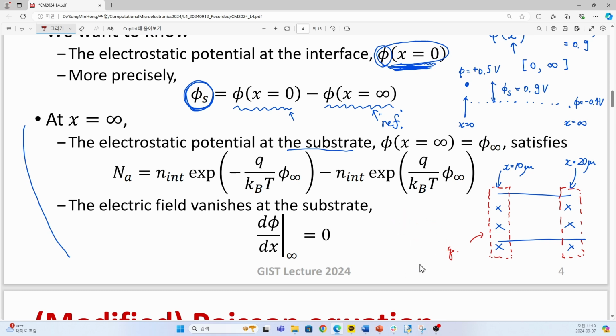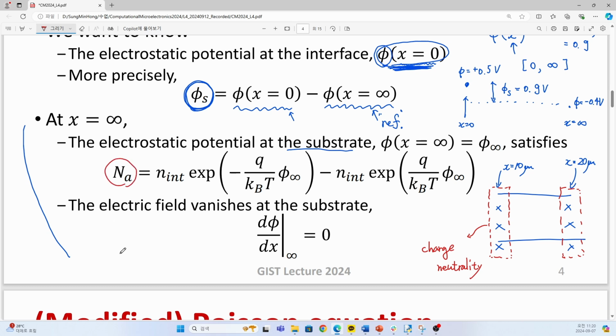Then how can we understand this condition? From this local equilibrium condition, we further develop the charge neutrality condition. This is assumed, and it means that the sum of all charged carriers should be 0, or the sum of all charged carrier densities should vanish. For example, here we have acceptor density.